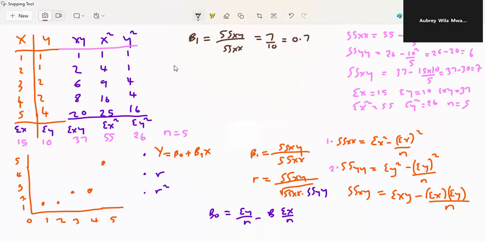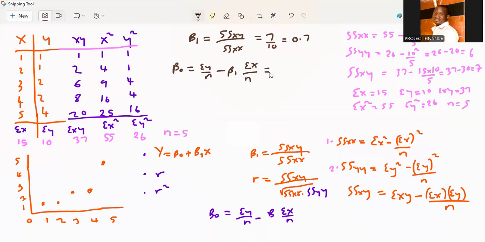Then that's the formula for b0: summation of y over n minus b1 times summation of x over n. That is 10 over 5 minus the b1, which was 0.7, times the summation of x, 15 over 5.